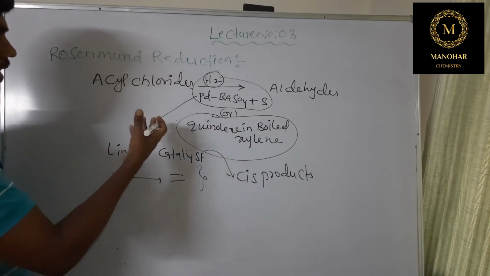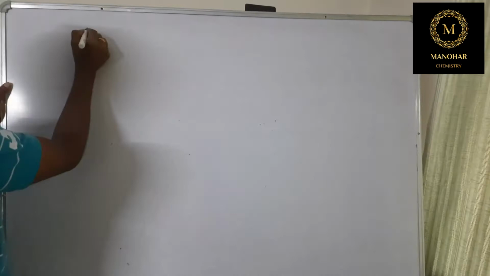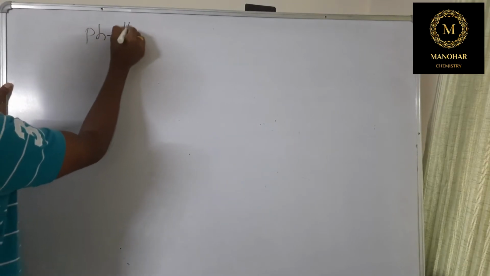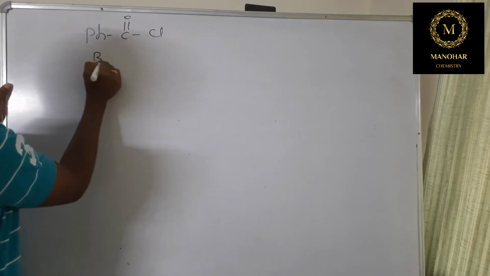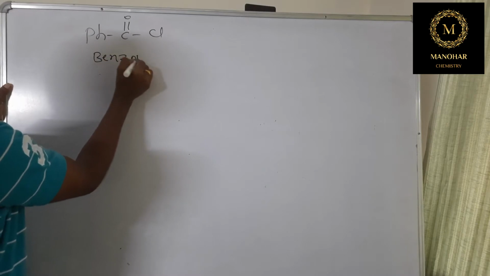So now we are going to take some examples for this Rosenmund reduction. For example, benzoyl chloride is there, PhC double bond OCl. So the name of this one is benzoyl chloride.